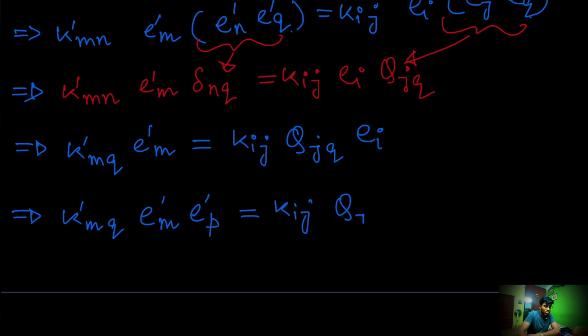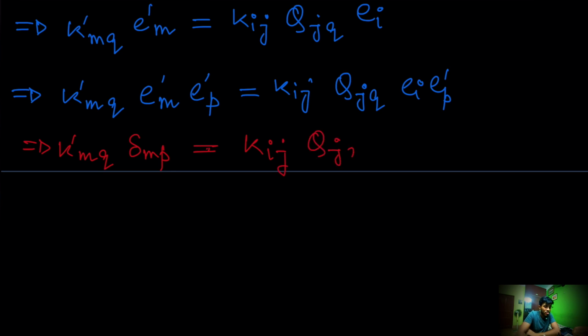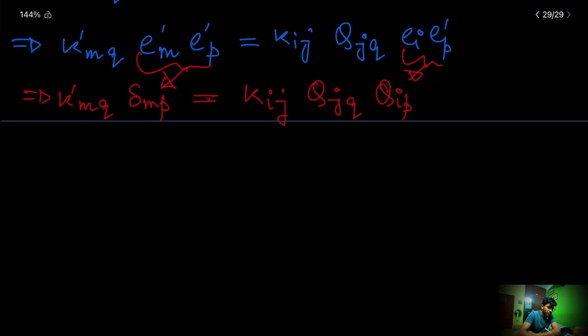So QJQ into EI into E dash P. Now again I know that E dash M into E dash P is equal to delta MP, and that is equal to Kij, QJQ, and this is QIP, and this is delta MP.